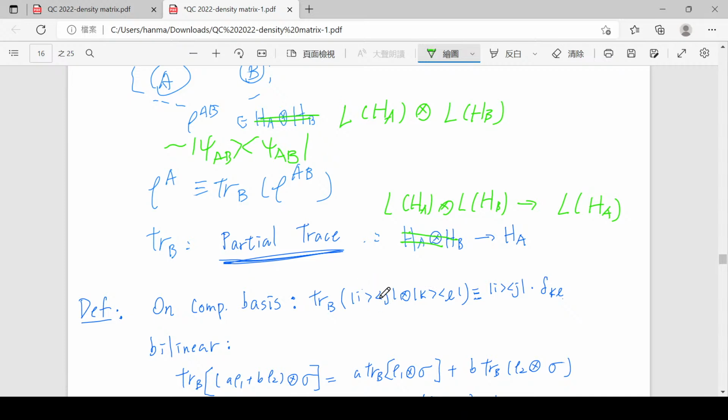So it's a matrix with the ijth element on the A part, and the klth element on the B part. If you do the partial trace, the A part is preserved as ij, and the B part becomes this number, delta_kl, which is right here, which is the trace of the kl element.